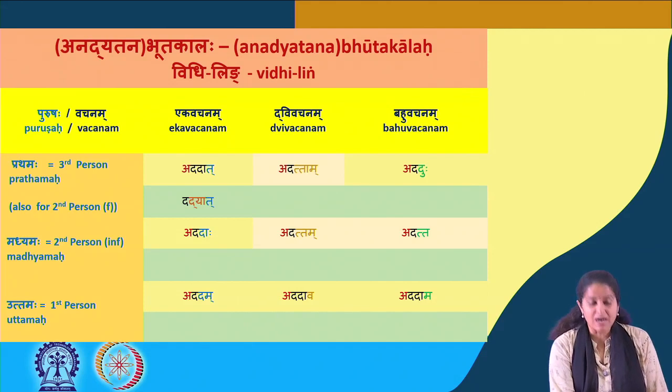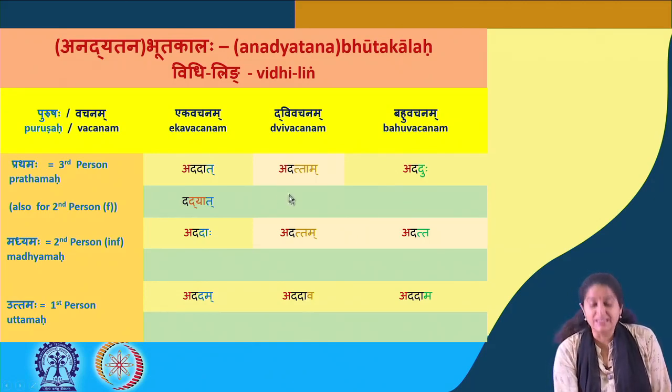So we have Adadat becomes Dadyat. So what gets added in? Yes, the ya gets added in there, okay, instead of the da there. So Adattam becomes Dadyatam, Uttamam. Adaduhu, Dadyuhu. So you have to make a smart guess there.